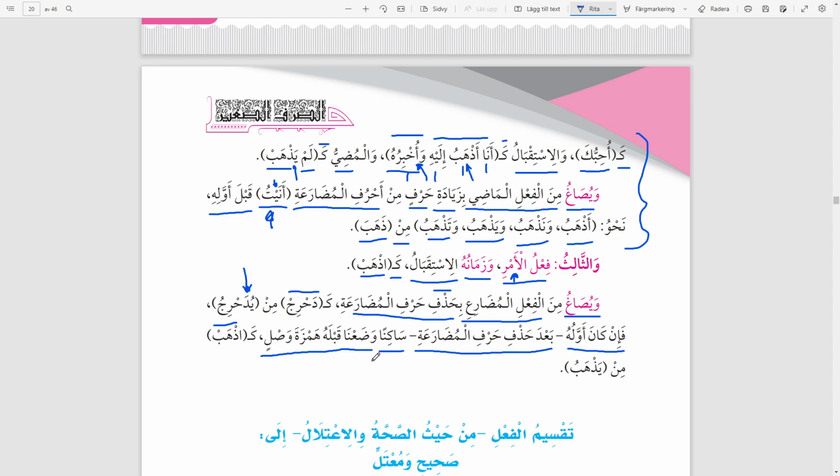There's one faida here: sakin means a letter with sukun, يعني it has sukun. And you say مفتوح when it has a فتحة.